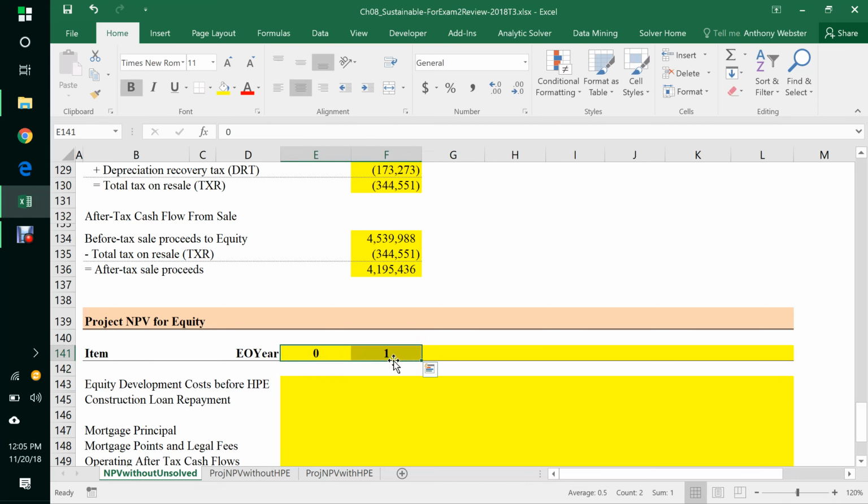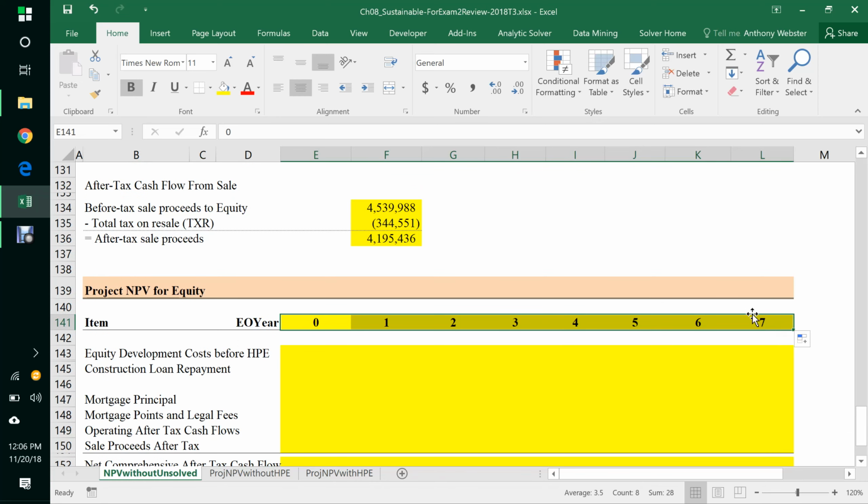And how far do I want to go here? The yellow goes out to 7. So you might be wrong. Who said 6? All right. Are you confident in 6, even though the yellow goes out to 7? All right. Yeah. Okay. I think so too. So get rid of that 7.